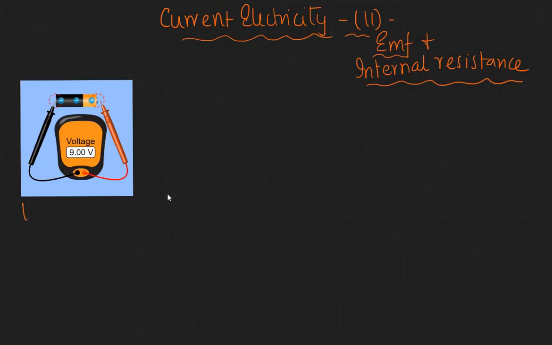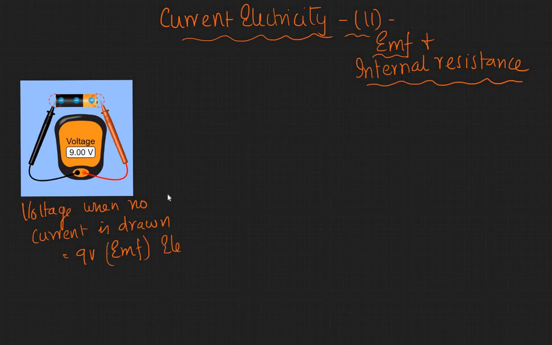So the voltage when no current is drawn is 9 volts, and this is what we call EMF, or electromotive force. EMF is the voltage when no current is drawn.